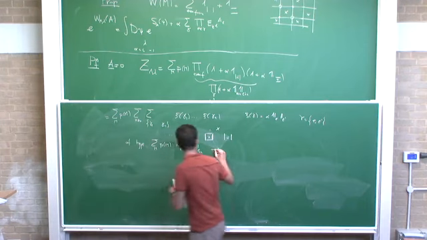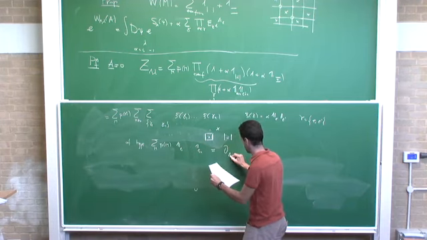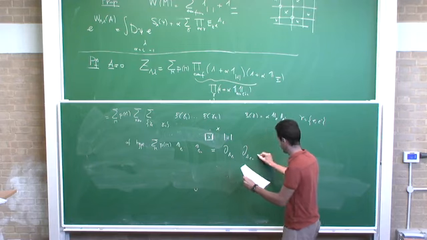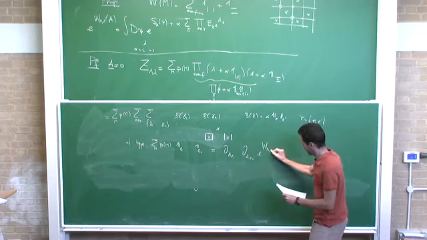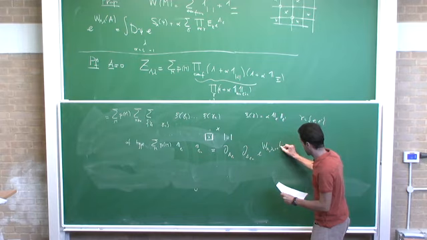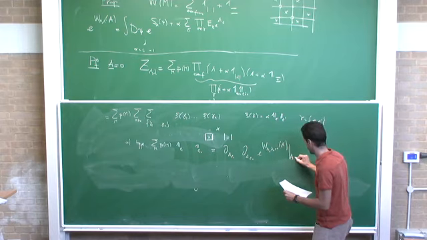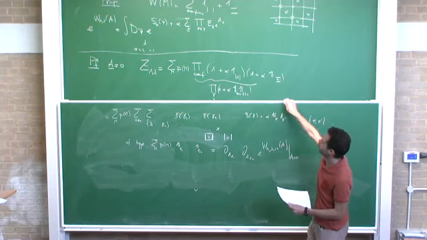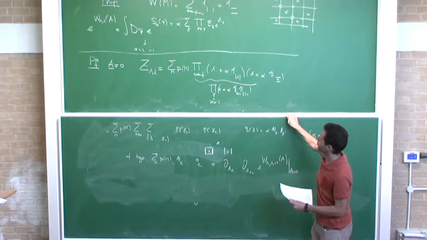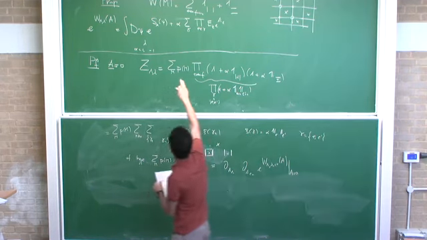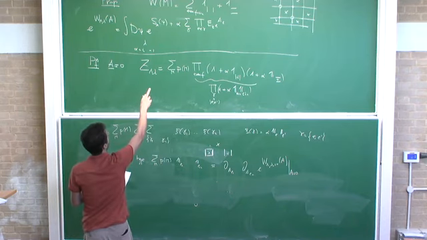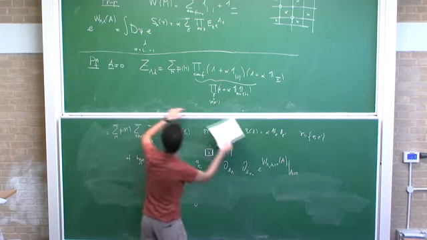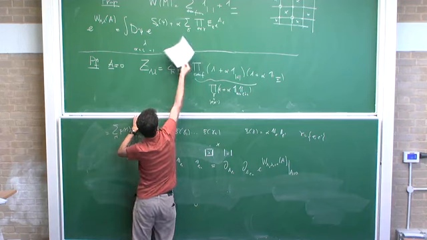So each one of these things is just d over d a_E1 up to d a_E2n of e to the W of lambda, computed at a equals 0. No, sorry, this is with interaction. But for this we already have the expression, which is this one without the interaction term.